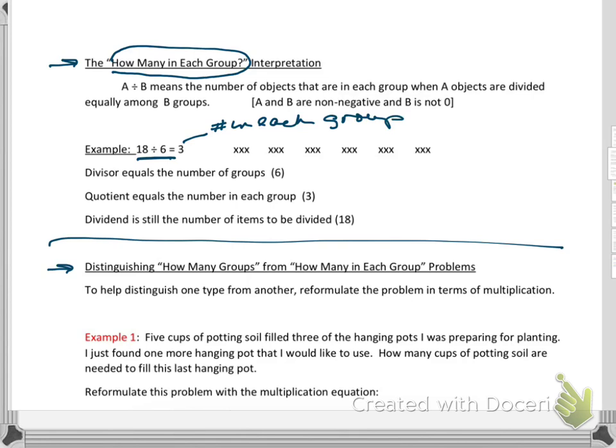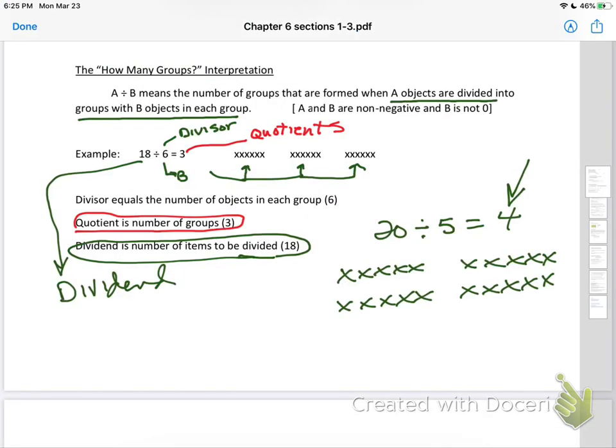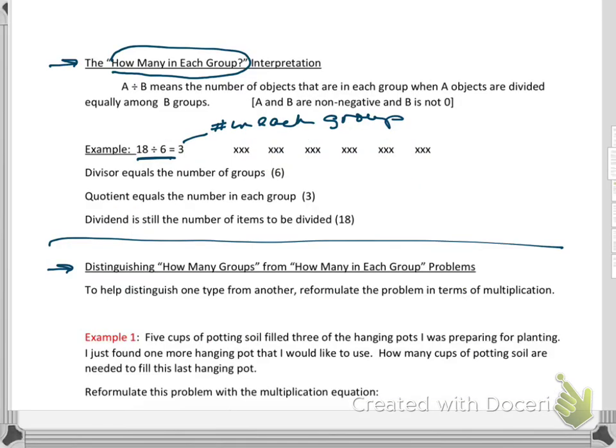Okay, let's go back for a second. On this page, your answer was the number of groups. Do you see the difference? This was the number of groups, so I had 3 groups, and that was my answer. In the how many in each group problem, the answer will be the number in each of the groups. We already know that we are going to have 6 groups, but the question is, how many are in each group?